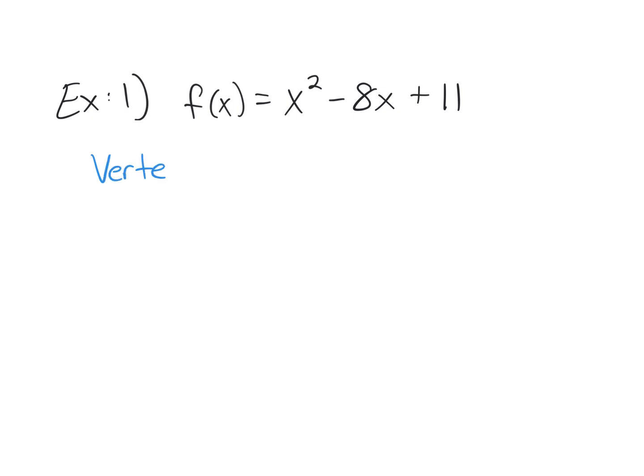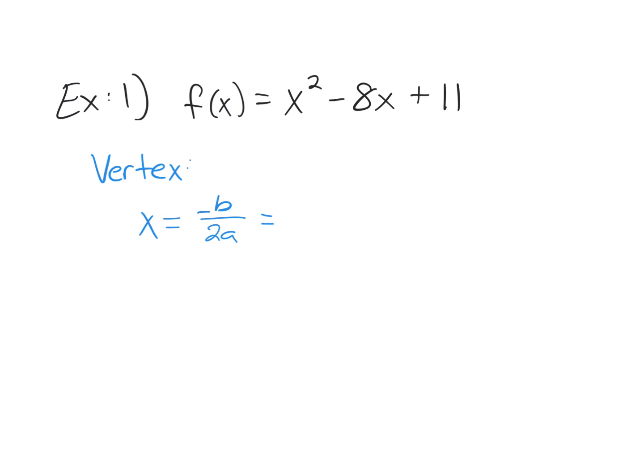Vertex. Okay. How do I find my vertex if it's in standard form? We wrote it down. I'm using the ABC. What do I use to find the x value? X equals negative b over 2a. What is my negative b?